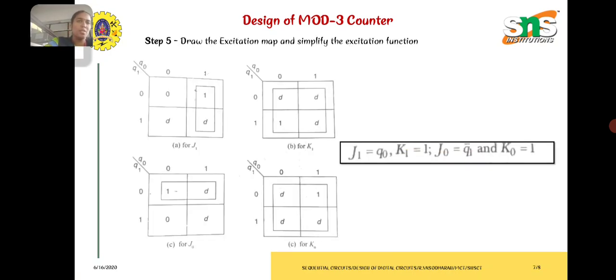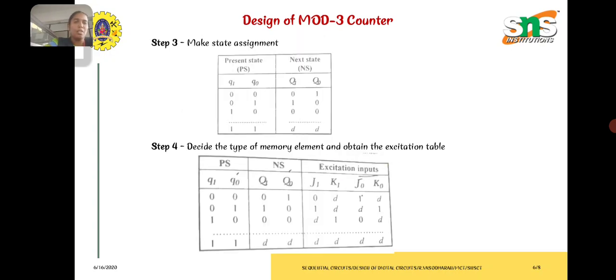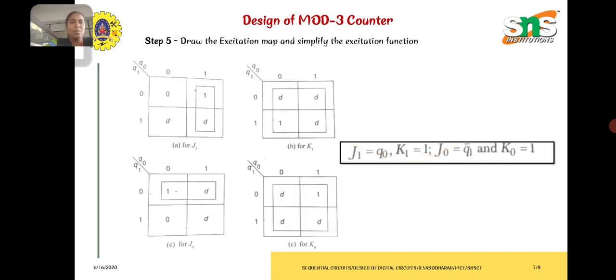So the next step is to draw the excitation map and simplify the excitation function. This excitation map for the J1, K1, J0 and K0 inputs of the counter can be drawn by using the above present state and next state table of excitation inputs. For the first, J1 has the values 0 1 d d, so this is replicated in your first K map, that is 0 1 d d.